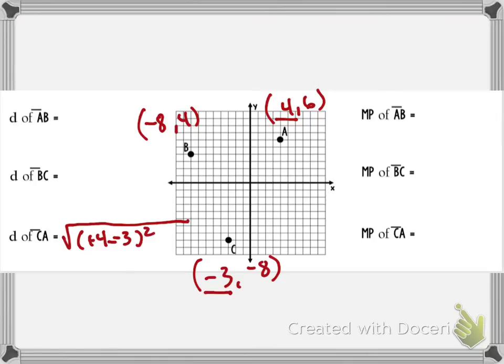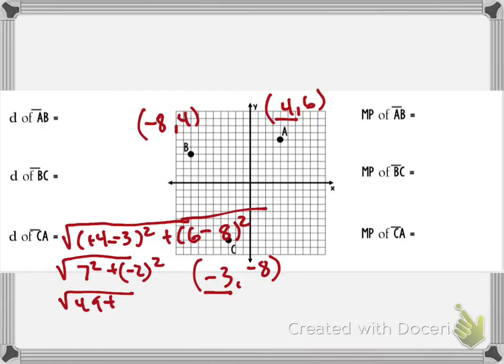And I'm going to have 6 minus 8. If you set yours up the other order, you should get the same answer. So this will give me the square root of 7 squared plus -2 squared. Square root of 49 plus 4, square root of 53, which is a prime number.